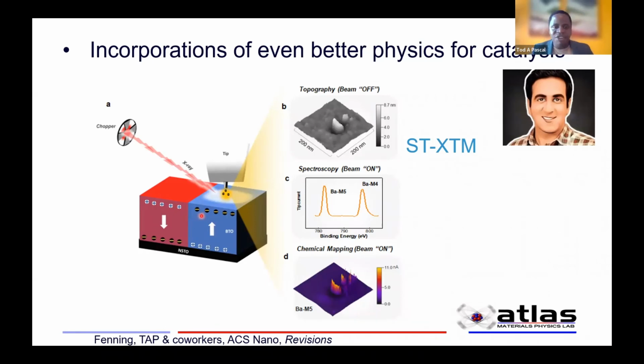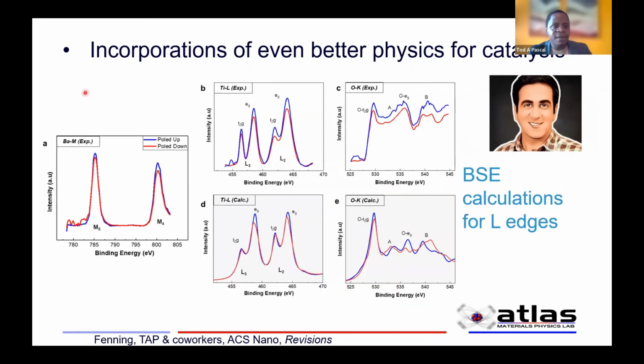What's really interesting is that Pedram, using this approach, was able to do a whole bunch of different measurements at the barium M, the titanium L, and the oxygen K edges for the different pulled up and pulled down surfaces, and show that you get a specific spectroscopic signature for these different surfaces that he was generating resonantly. In particular, for the pulled up, where the titanium moves towards the surface and distorts the octahedron, we get spectral signatures with more intensity than in the pull down cases.